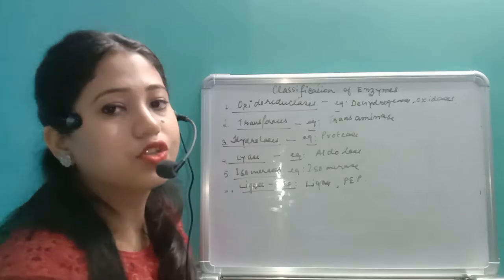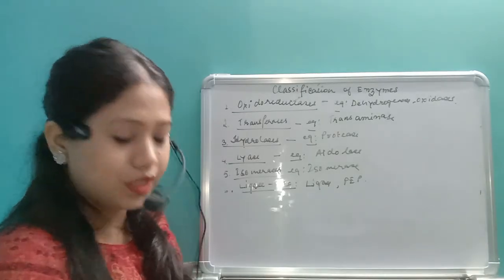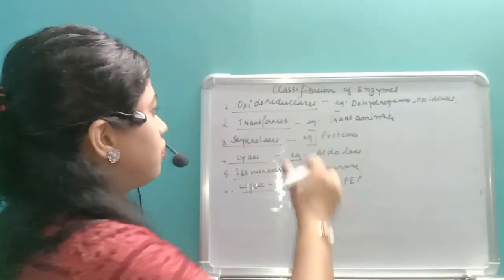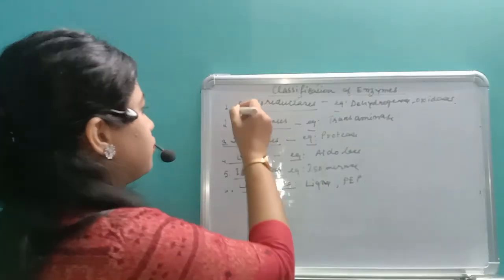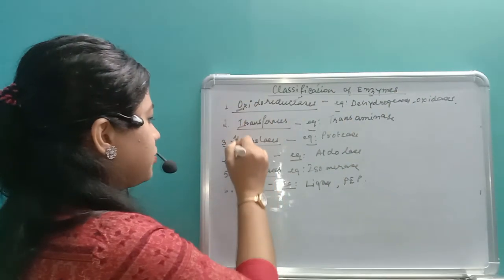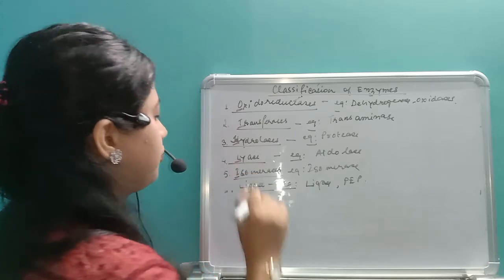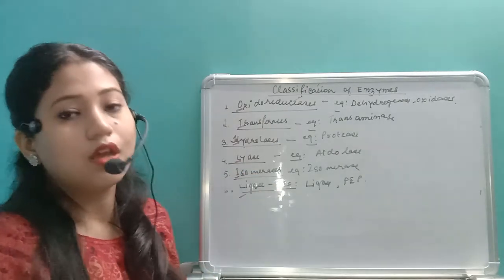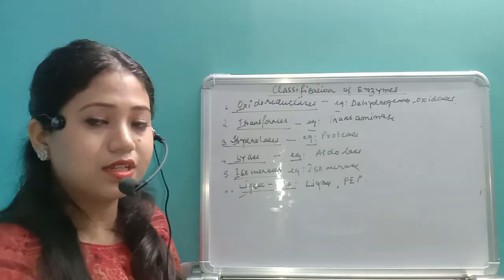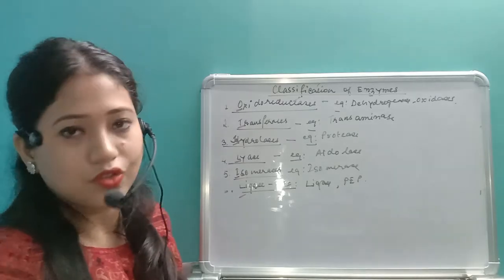So let's move to the last part, the classification of the enzymes. In this classification, you just remember O, T, H, L, I, L. There are 6 classes where we are grouping the thousands of enzymes.